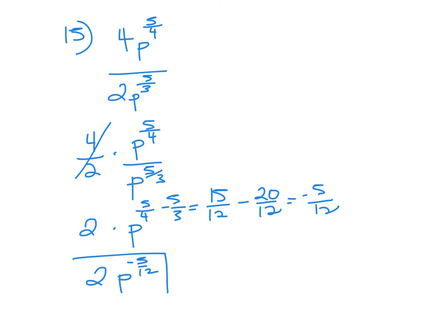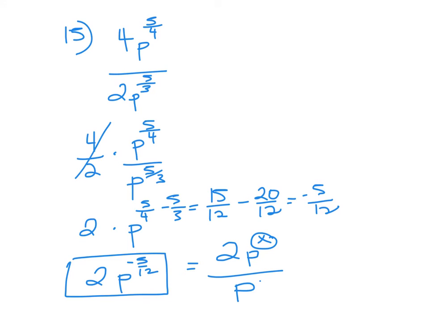So here's our answer, but we're not allowed to keep the negative exponent. So in order to fix that, I'm going to do something a little bit different. I'm going to write 2p to the power of x, because we don't know that yet, and I'm going to put it all over p. By putting it over p, I'll be getting rid of the negative exponent, and here's how.